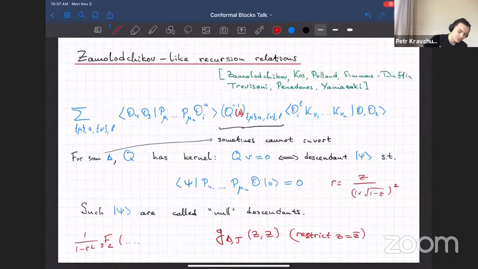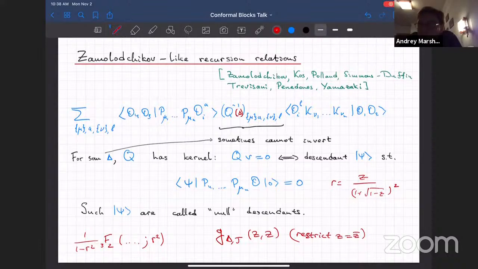Then there is a bunch of numbers, and then it's r squared here. But this is for all equal external dimensions. So the parameters a and b are equal to 0, Delta 1 equals Delta 2, and Delta 3 equals Delta 4. I'm not sure if it can be generalized to non-equal dimensions. The expression that's in the literature is for the equal ones.